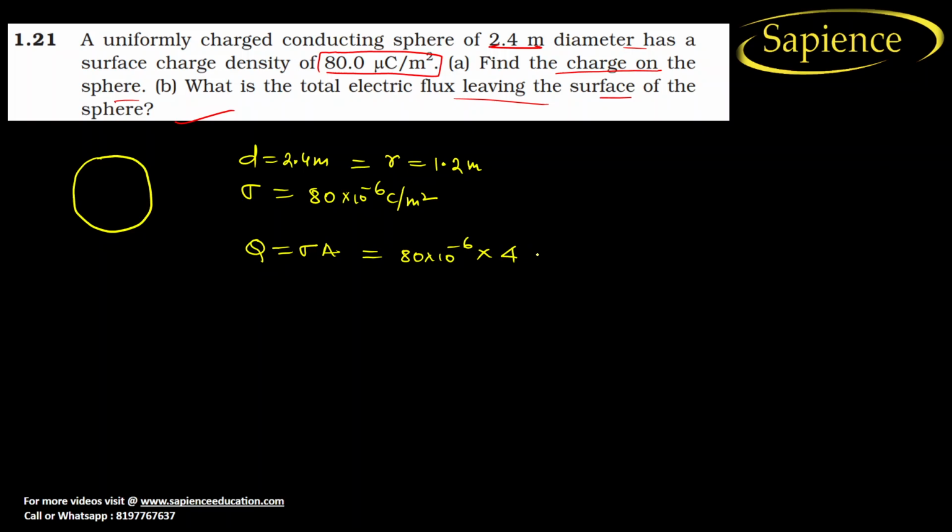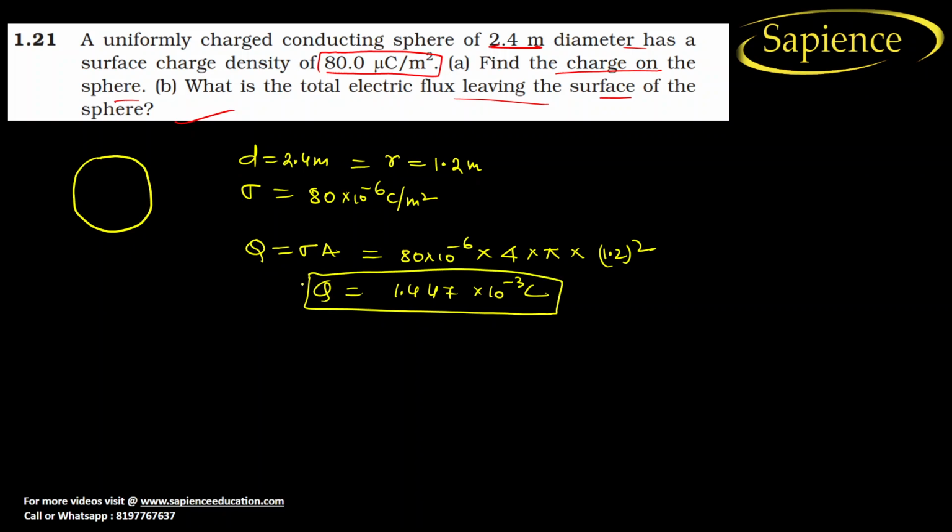So this is 4 into pi into r square, that is 1.2 whole square. Try to calculate this one, just pause the video and do it on your own. So basically you will finally get 1.447 into 10 to the power minus 3 coulomb. Therefore the charge is this one. So this is the charge.